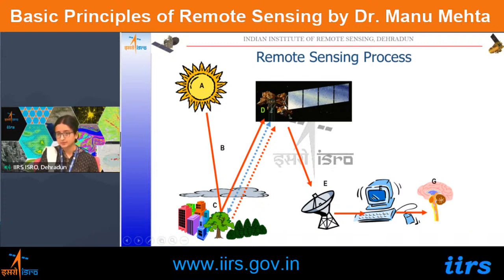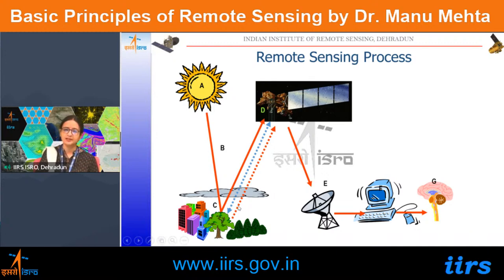If the sensor is capable enough, for example your spy cameras or night imaging cameras, which do not require any illumination on the target, the target itself, due to its body temperature, becomes the source, and the energy can be captured by the sensor. So this form will again be passive remote sensing. Why? Because you are not carrying any other source on the platform, but the target itself is behaving as a source.